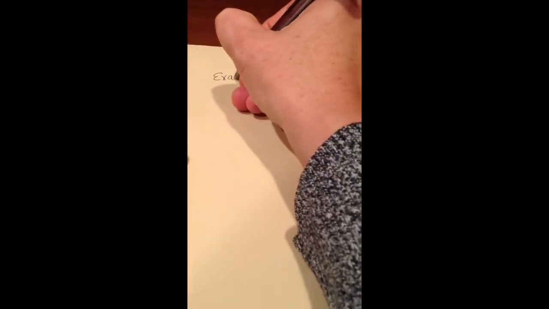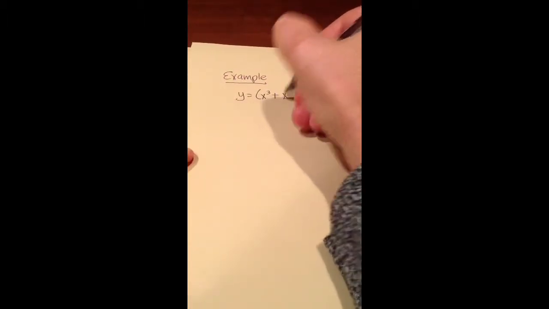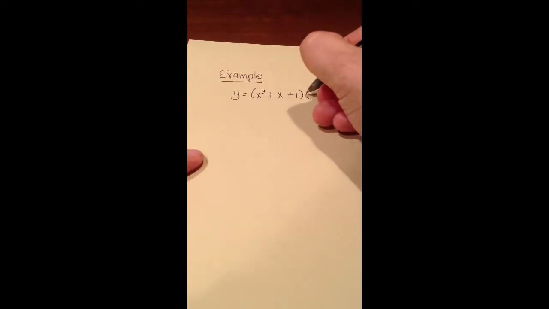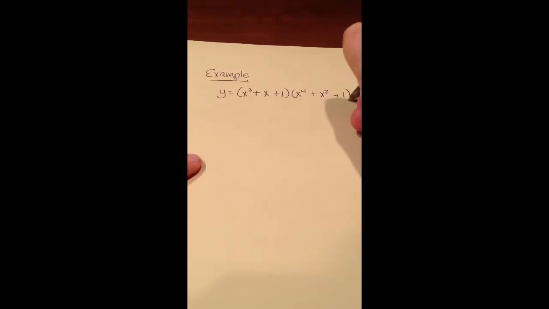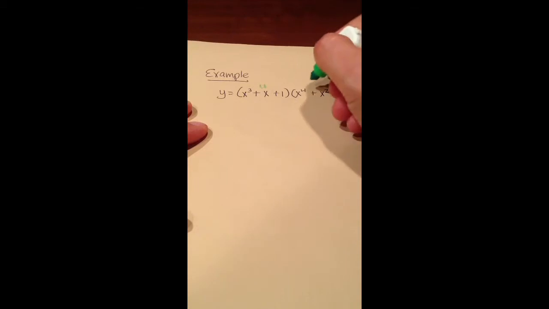All right, so here's our example. I am going to take the function y equals (x to the third plus x plus 1) times (x to the fourth plus x squared plus 1). I'm going to let the first be my u, and the second be my v, which is my second function.